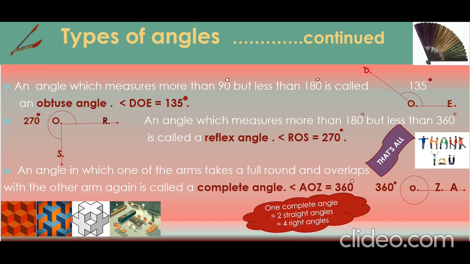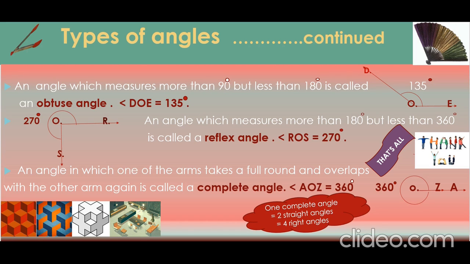You can understand it in this way: one straight line plus one right angle, so 180 plus 90, 270 degree. It is a reflex angle. It may be 250 degree, it may be 310 degree, it may be 195 degree.